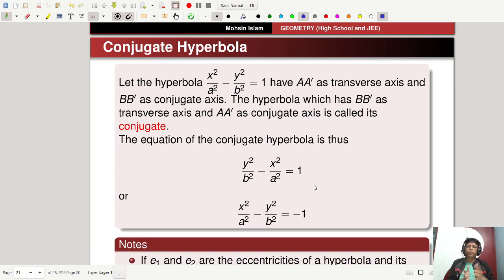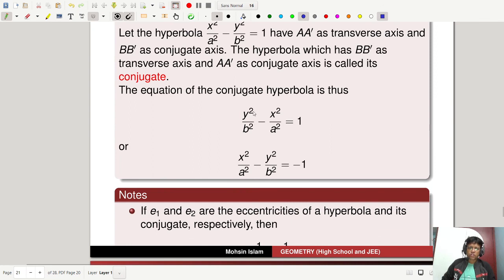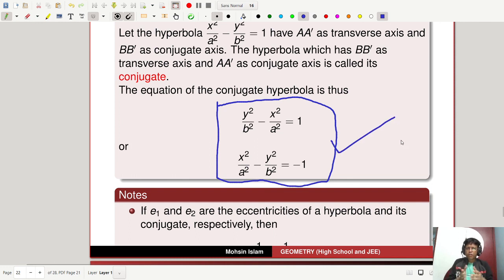Then these two hyperbolas are called conjugate hyperbolas. The equations of the conjugate hyperbola are given by these equations. That means the transverse axis for one hyperbola is the conjugate axis for the other.